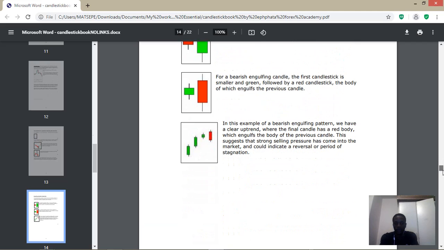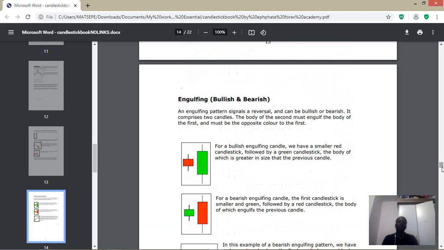Then we have a bullish engulfing or an outside bar. If you have this kind of candle at the low of the market, you buy. Where you see this, it means the buyers are stronger than the sellers. That's why they say it engulfs the bearish movement, or it engulfs the bullish movement.